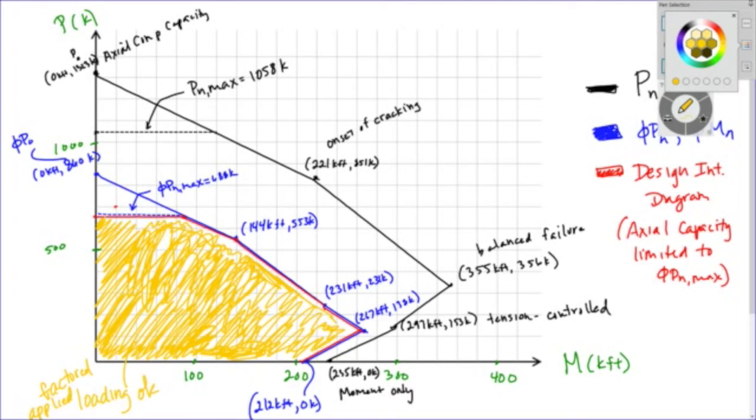It's just that PN max that chops it off, right? We calculated our nominal capacities, and we have to limit our axial nominal capacity to that PN max, which is based off P0.